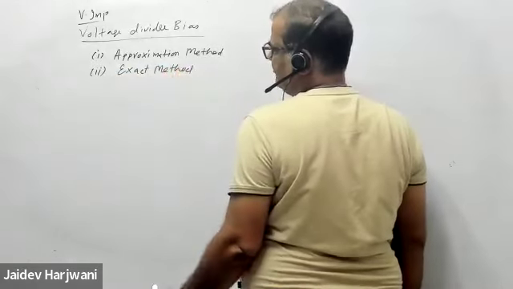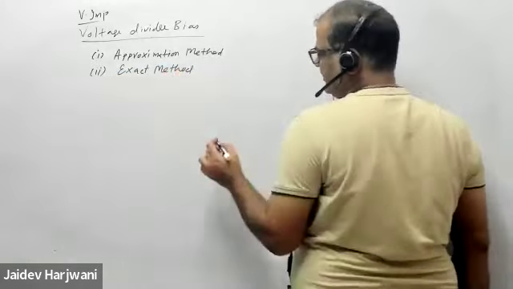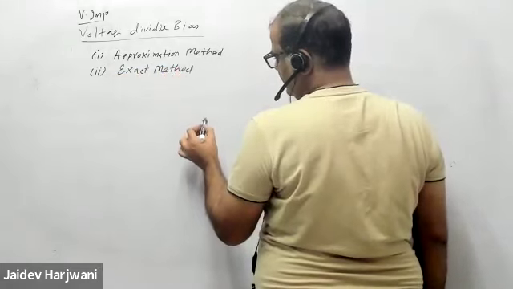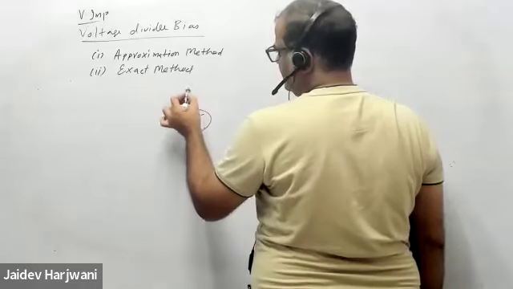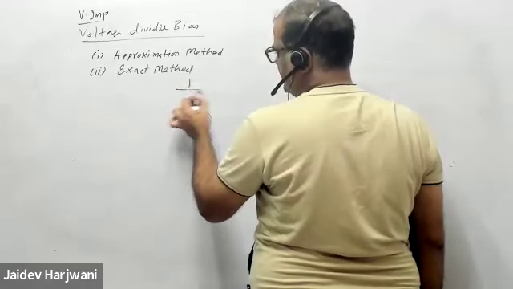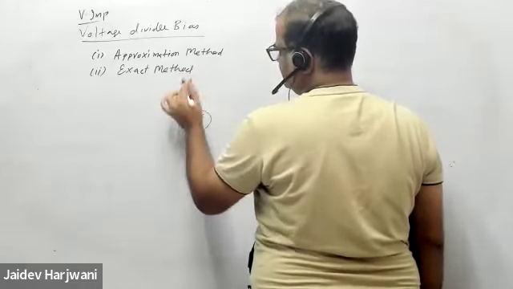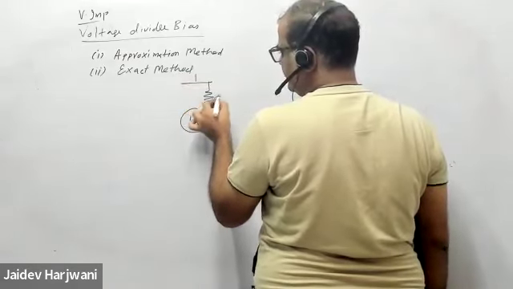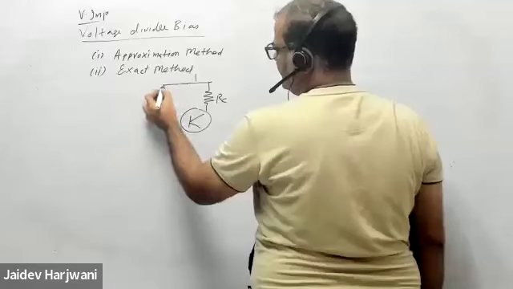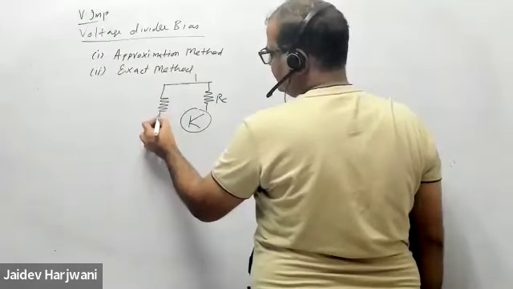Now, what is voltage divider bias? Voltage divider bias means you have a circuit with VCC, you have an RC, and along with RC you have a voltage divider.